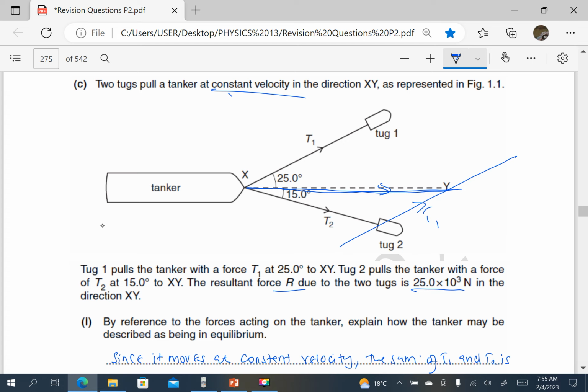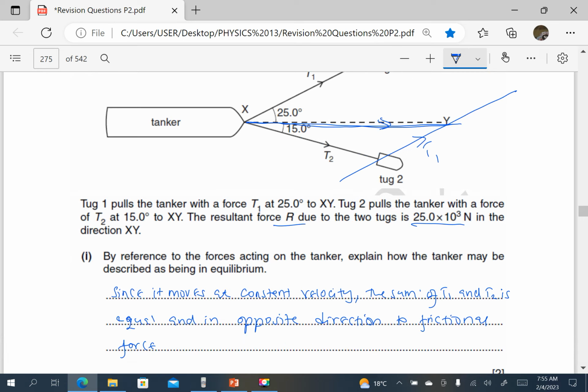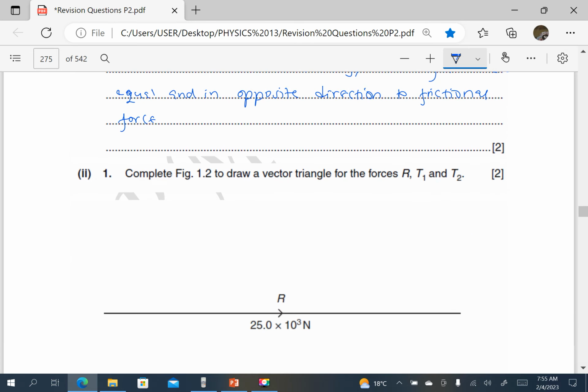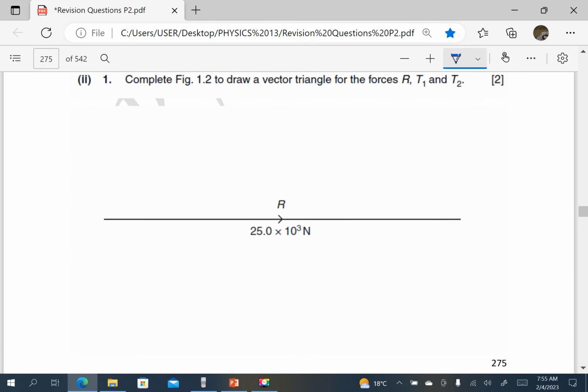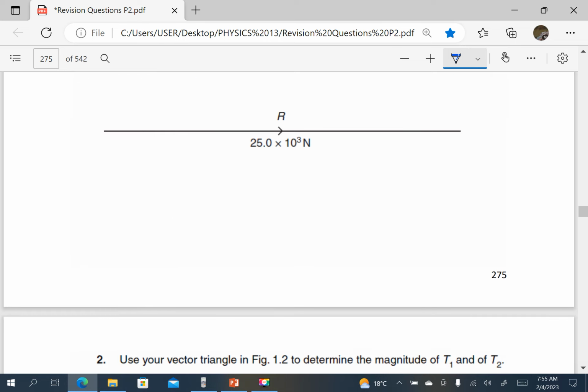I'll draw this to scale, because the next part may be wanting us to find the resultant.